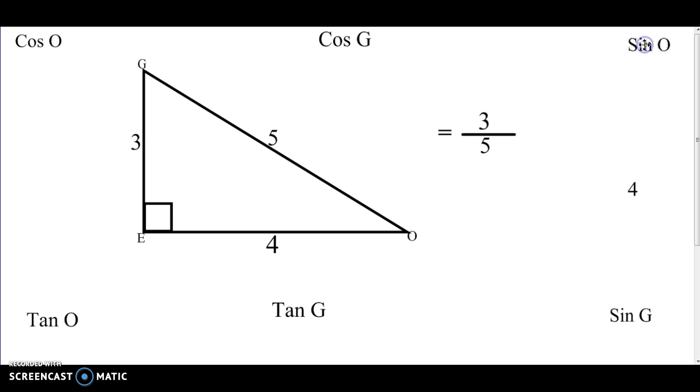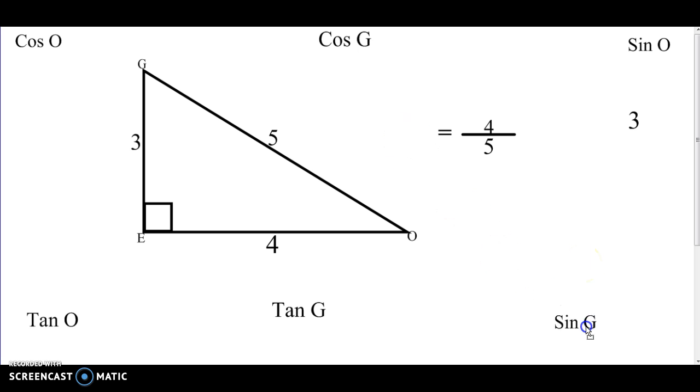Pretty easy, right, guys? Let's do the sine of G. So here's G. Sine of an angle is equal to opposite, so that's 4 over the hypotenuse, which is 5. So the sine of angle G is equal to 4 over 5.